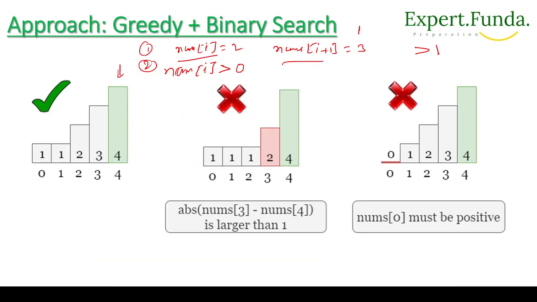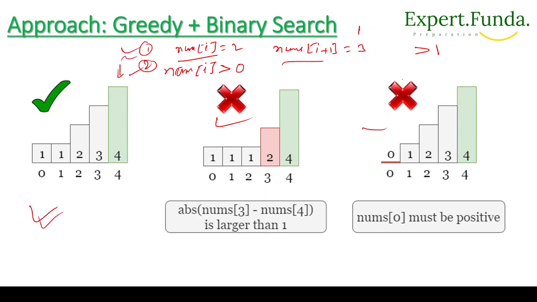Now let's suppose we are here. Hence we need to ensure that nums at i satisfies these conditions as well, meaning this will not work and this will not work, but this will work, based on these two conditions.